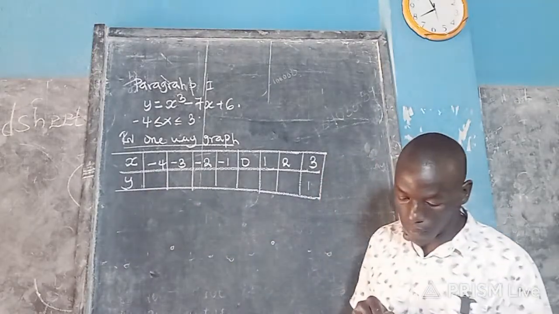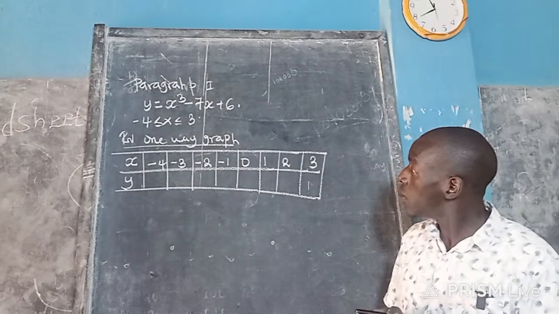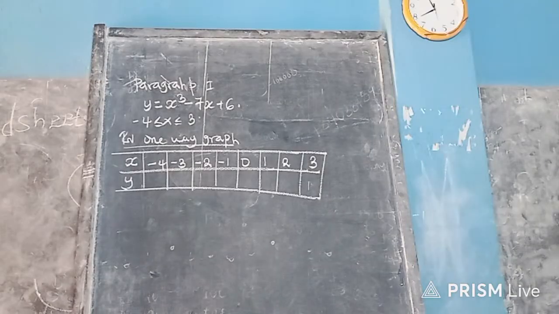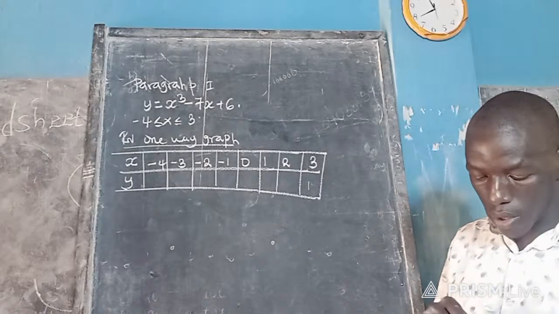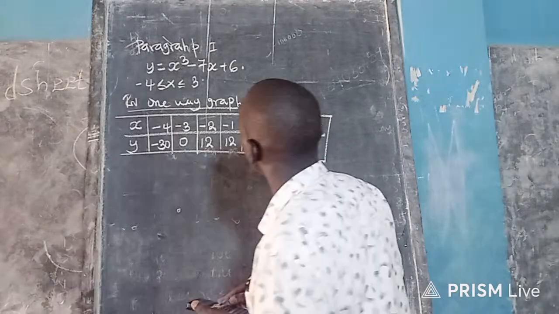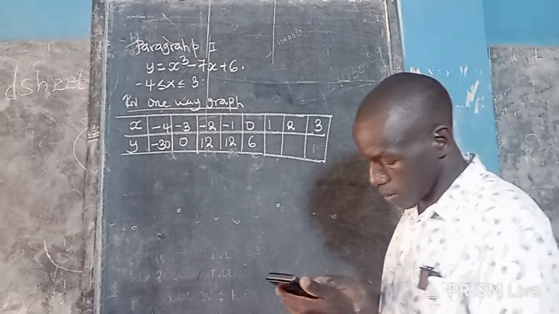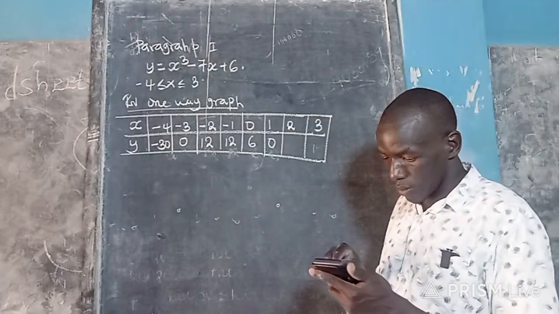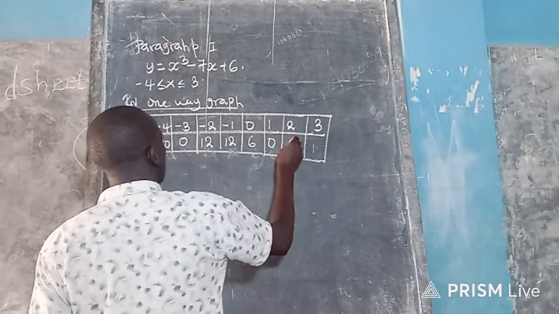Start with x equals -4. So that is -4 to power 3 minus... this is 0 also.